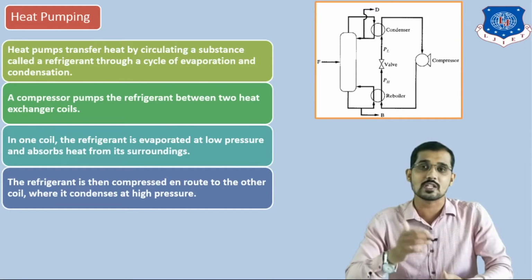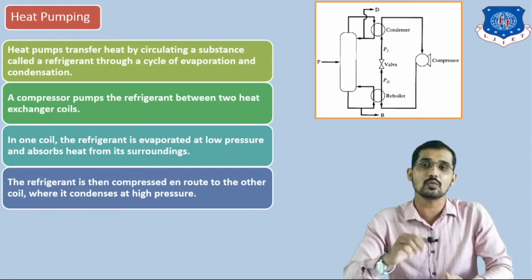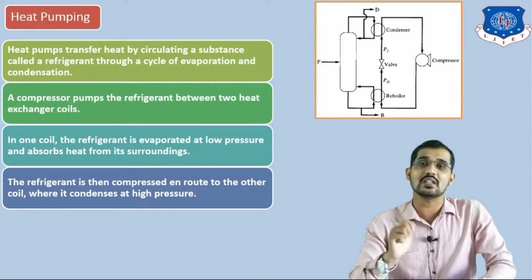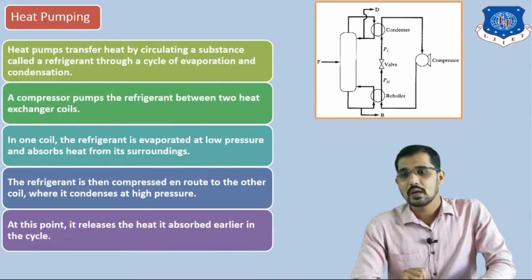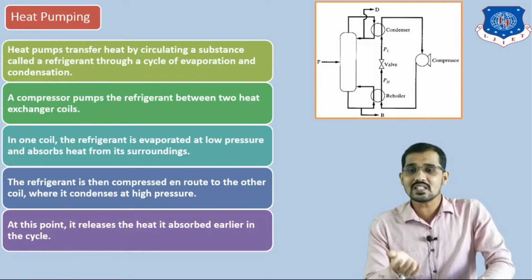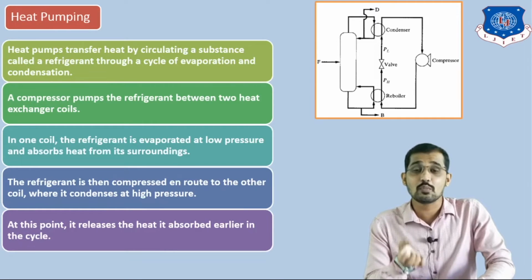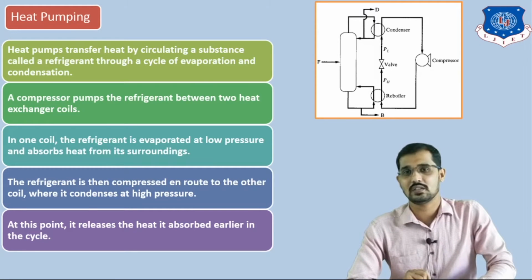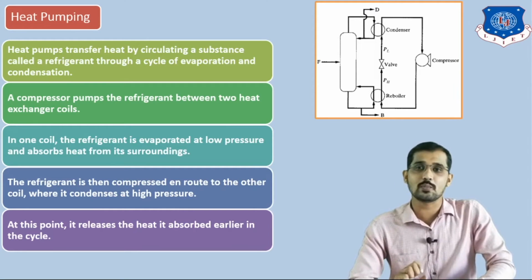After that I am transferring that part to the condenser for condensation. That condensation is taking place at high pressure. And lastly you can see here at this point, in a condenser it releases the heat. Whatever is absorbed in the reboiler is released in the condenser when it condenses to the liquid part. So all these are the important points for heat pumping.